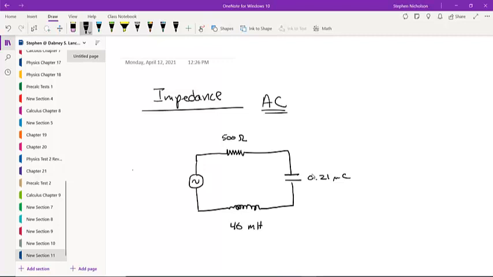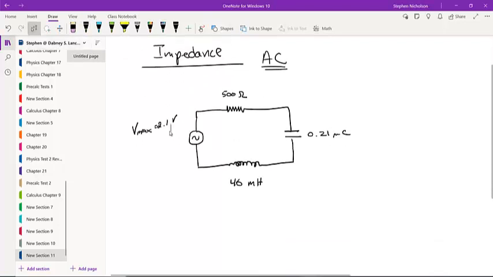And the voltage input is going to be a maximum of, let's say, 2.1 volts.